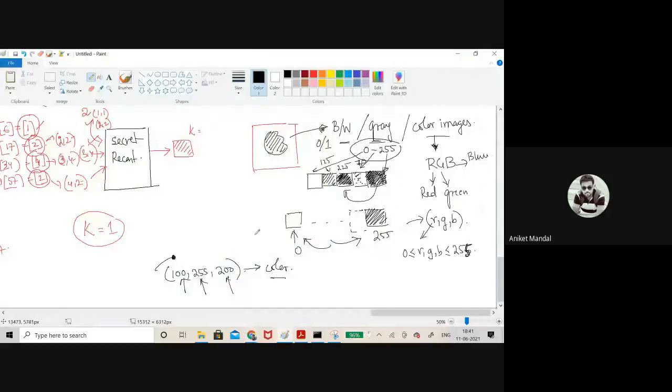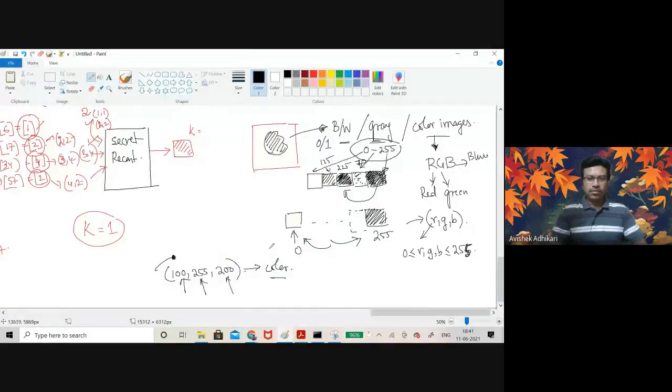Okay. So what it says is that any color C can be represented by this. For mathematics students, it can be thought of like a vector space concept, like R3 over R. Any coordinate, say x, y, z, can be represented in terms of three bases.